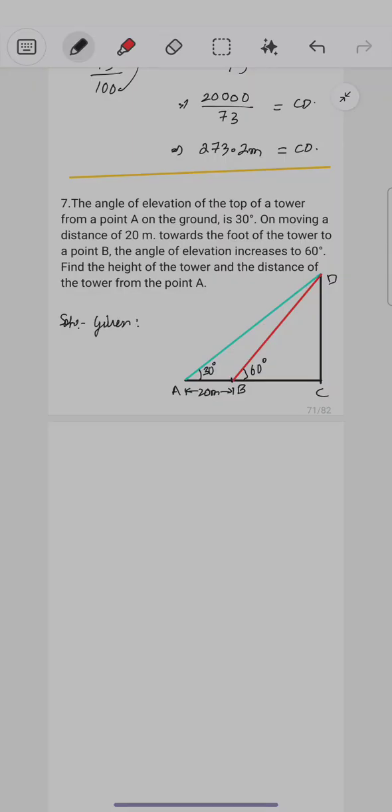Solution. Given: CD is the height of the tower.